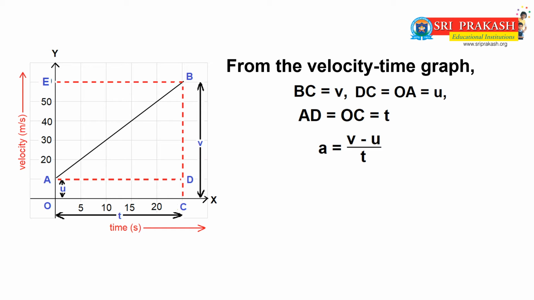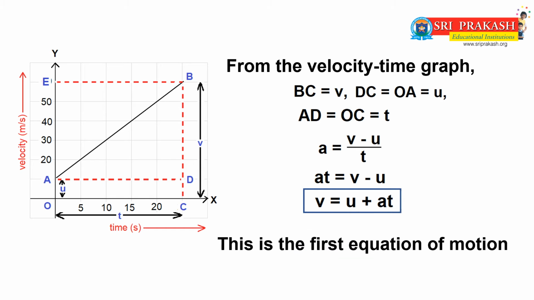By substituting these values in the above equation, we have a = (v − u)/t. When we send t to the other side, it multiplies with a. at = v − u. By sending minus u to the other side, it becomes plus u, which is v = u + at. This is the first equation of motion.